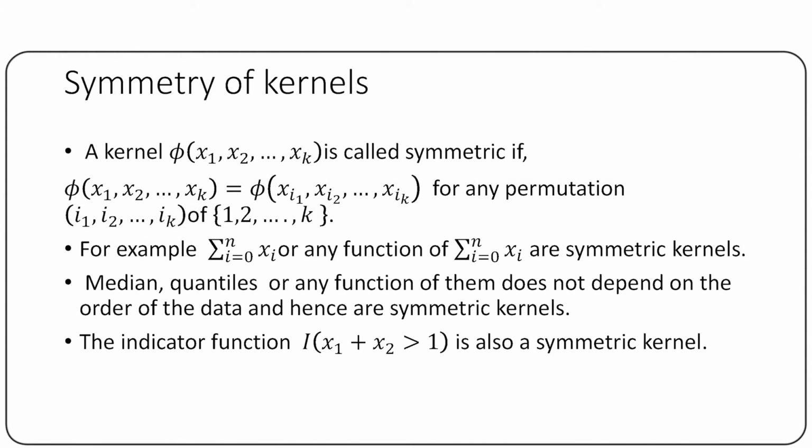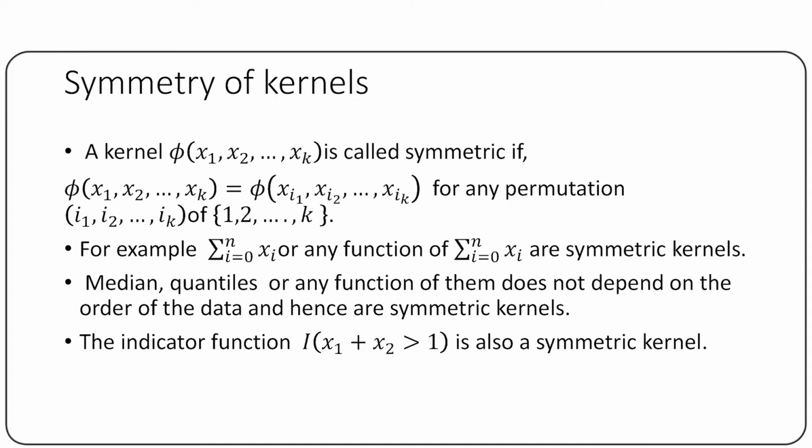Phi with arguments x1, x2, up to xk is called symmetric if phi of x1, x2, up to xk is the same as phi of xi1, xi2, up to xik, where i1, i2, up to ik is a permutation of 1, 2 up to k. Therefore, if phi is invariant to any permutation of its arguments, then phi is known as symmetric.